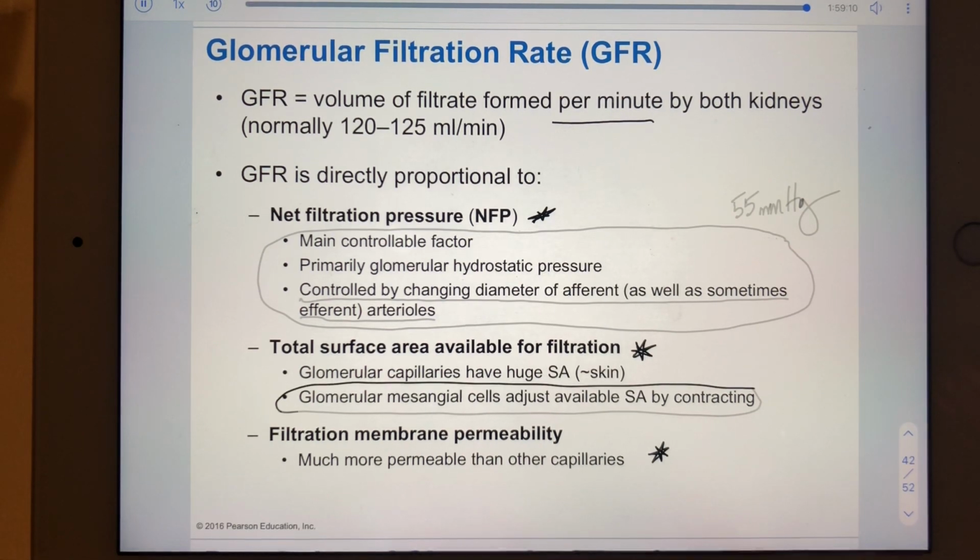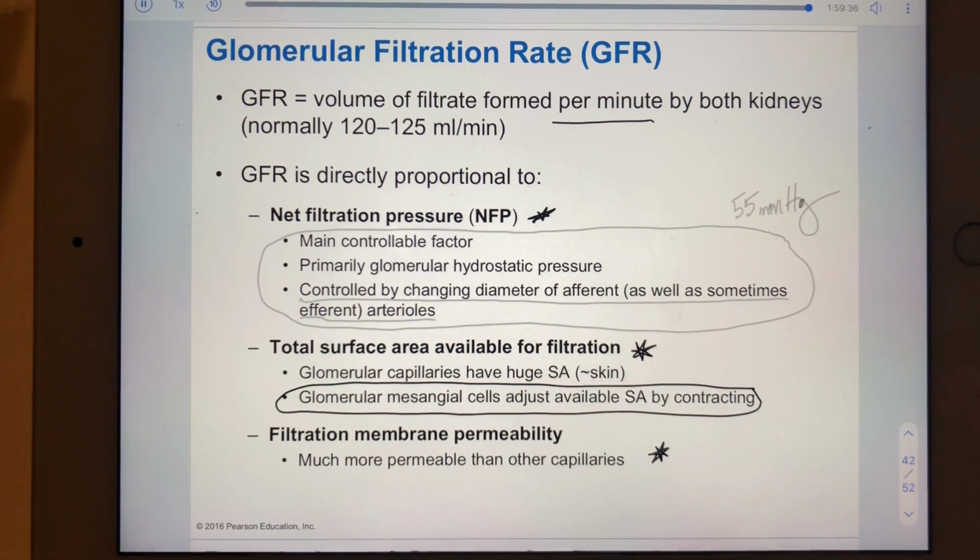It may surprise you to find out that glomerular mesangial cells can actually contract around the glomerular capillaries, because they're surrounding them, and thereby adjust the surface area that's actually available for filtration.